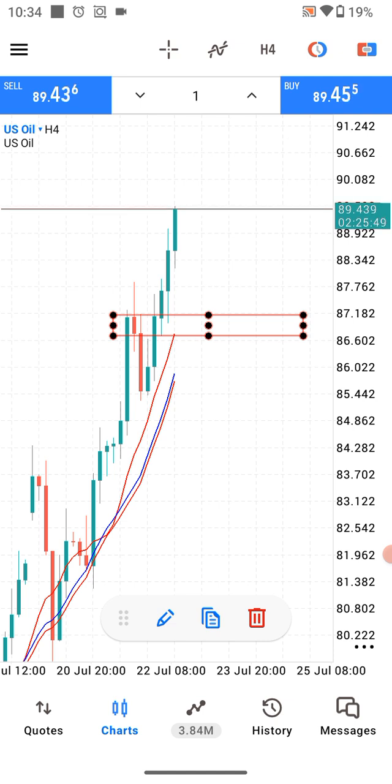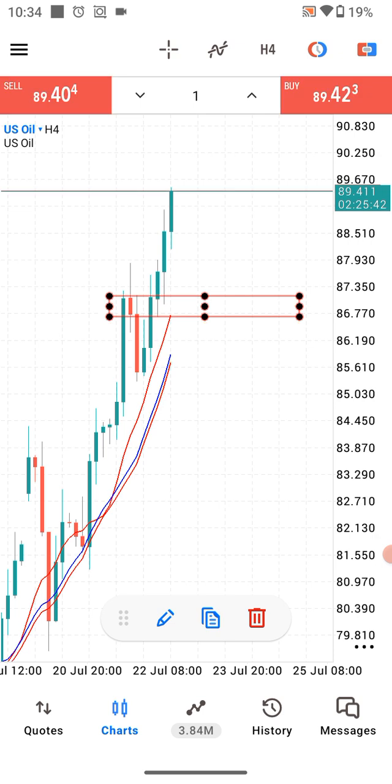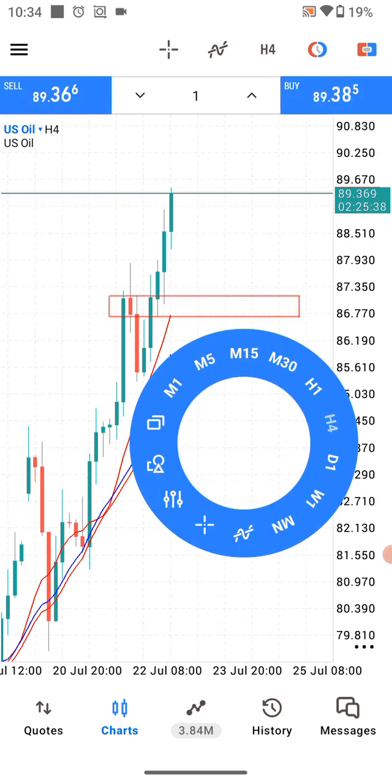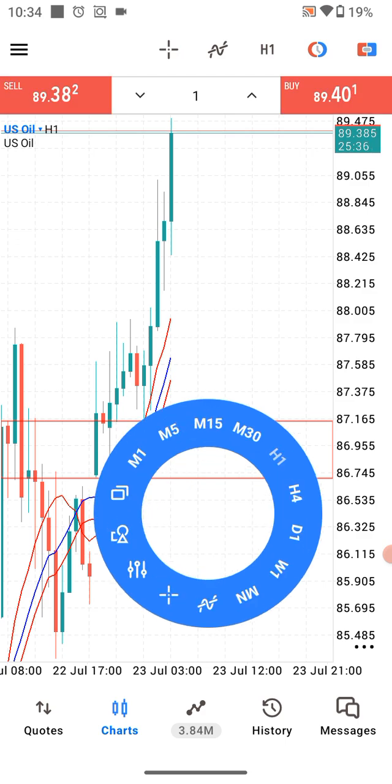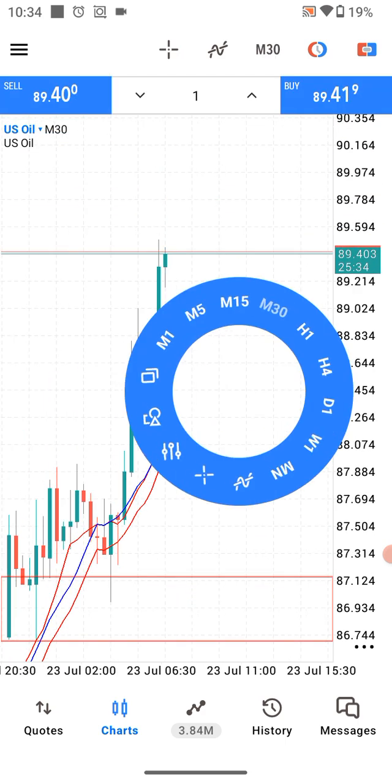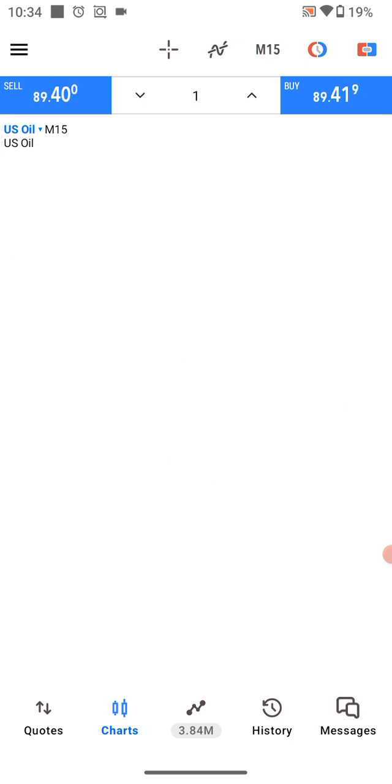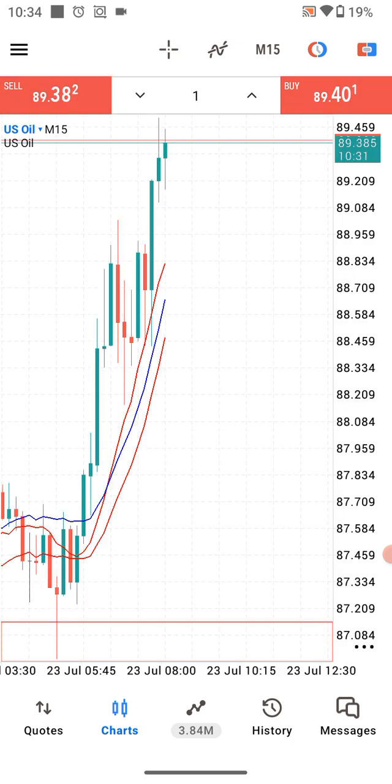This is the 4-hour time frame. It's been 12 hours since that trade was taken, and it just keeps going up, but I've not seen any new trend that verifies another trade up.